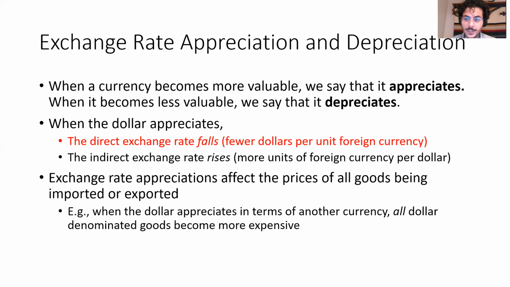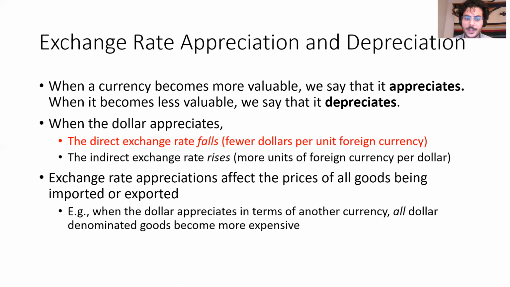When we have changes in exchange rates, we call those appreciations and depreciations. When a currency becomes more valuable, we say that it appreciates. And when it becomes less valuable, we say that it depreciates. Depending on how we're quoting the exchange rates, an appreciation or depreciation can affect the exchange rate differently.